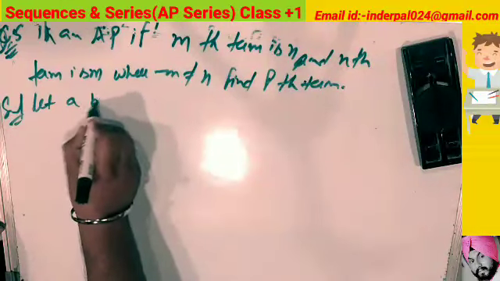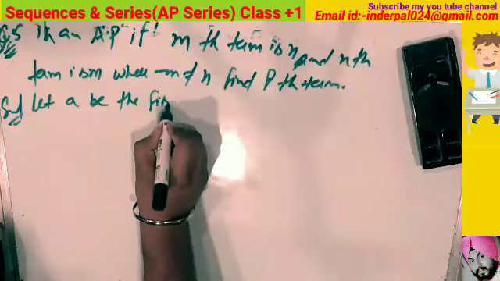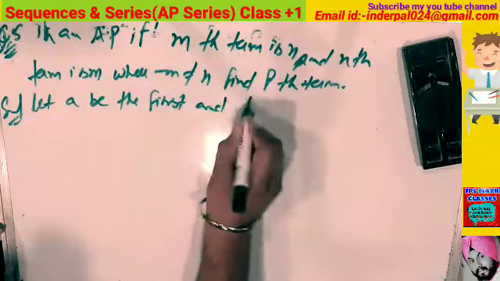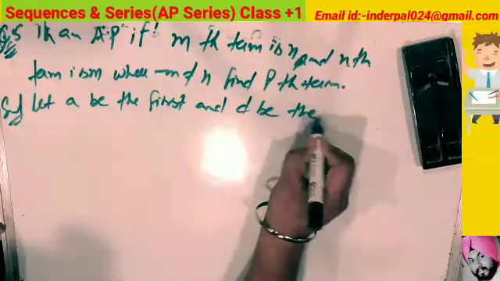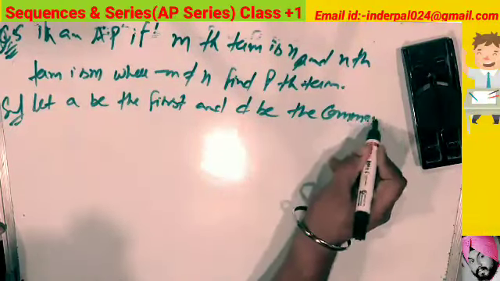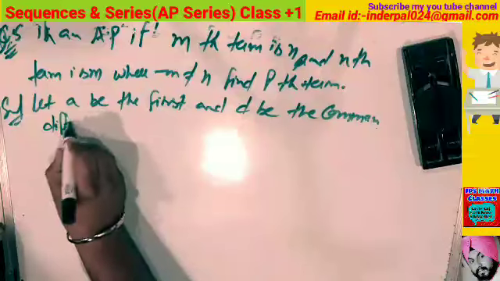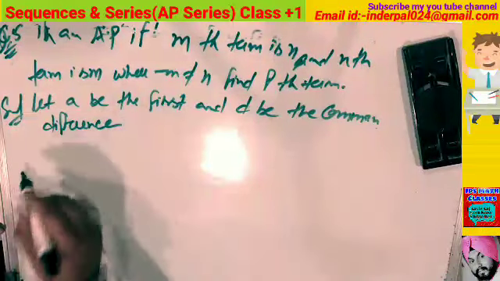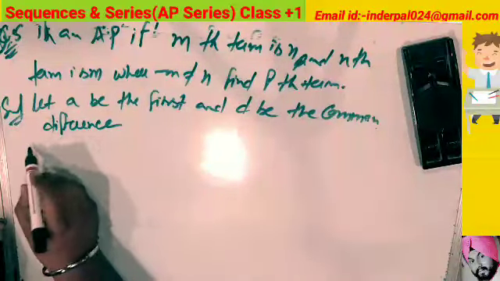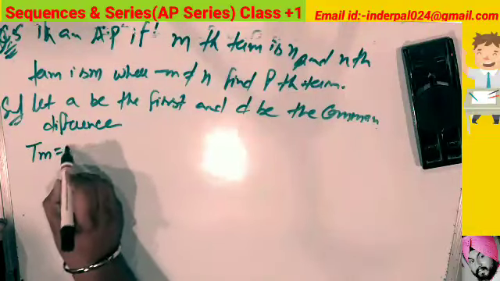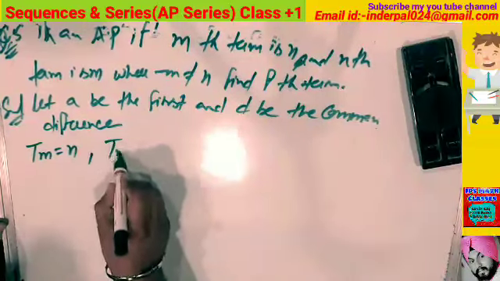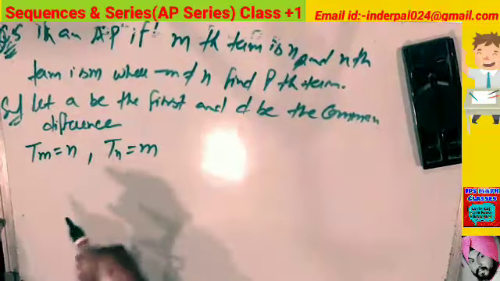Let a be the first term and d be the common difference. So here, according to the question, the mth term is equal to n and the nth term is equal to m.